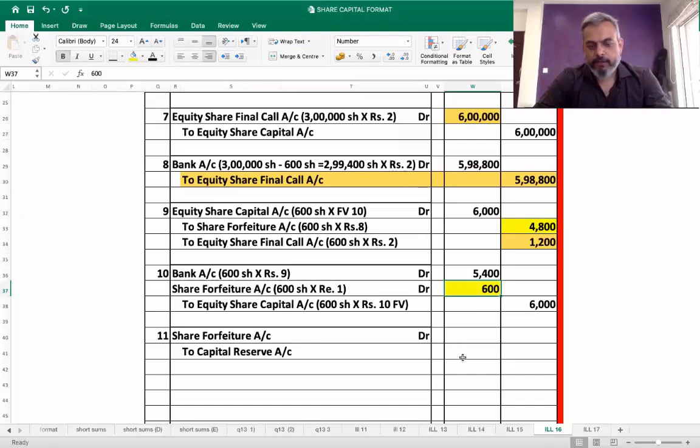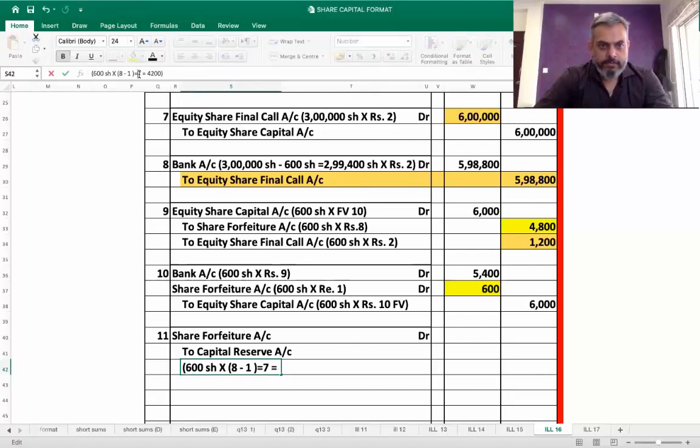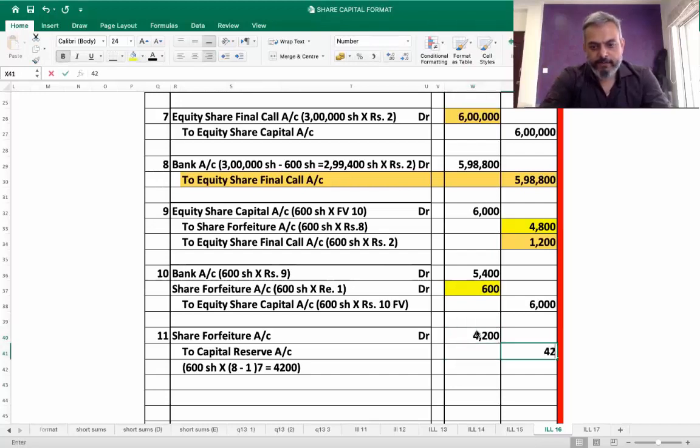So the difference, 4,200, we can transfer directly, or we do a working: 600 shares into how much profit we made. We forfeited rupees 8, we gave a discount of rupee 1, which is equal to 7 rupees. So which is equal to 4,200. So 4,200. Narration is very simple. Share forfeiture account closed and transferred to capital reserve.